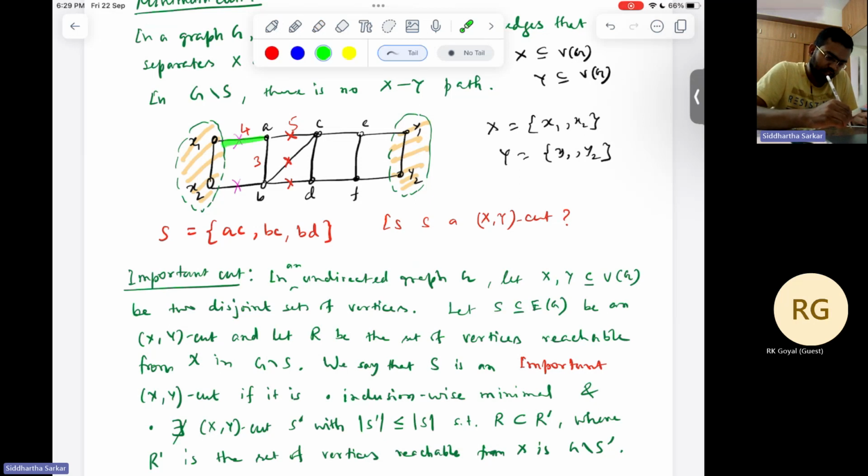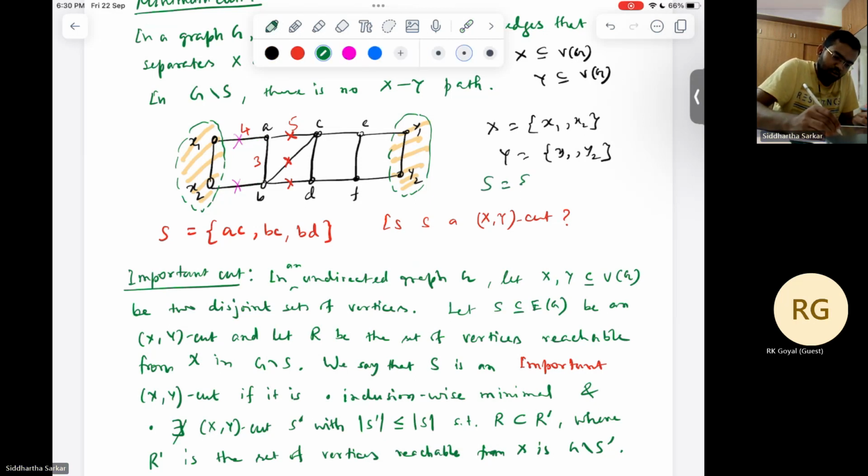Let us say S is these two edges: X1A and X2B.